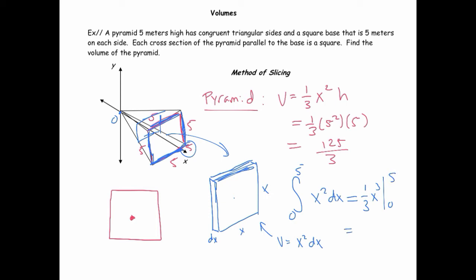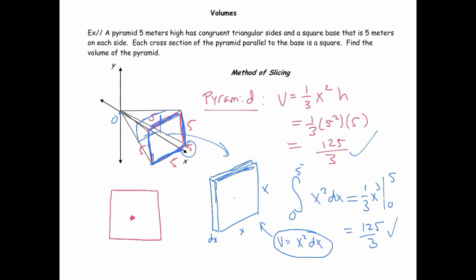You take an antiderivative and you get 125/3, as was expected. So as long as we can model the volume of an arbitrary slice from this pyramid, we can just sum those slices up as x goes from 0 to 5, and we end up getting the exact same answer as we got when we just used the formula itself.